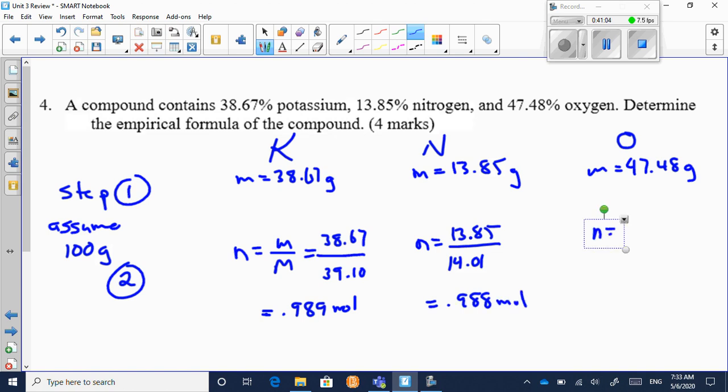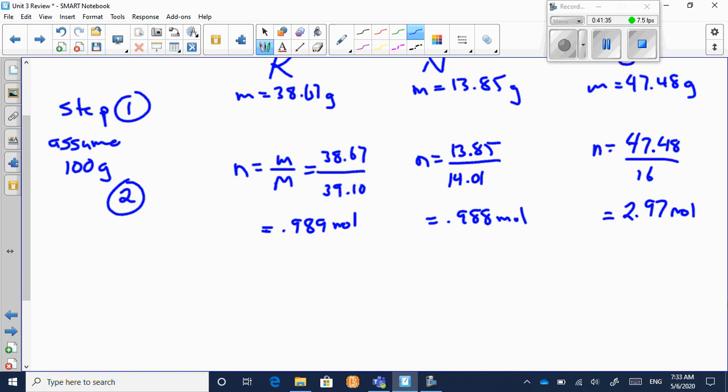And here, it's 47.48 divided by 16, and you get 2.97 moles.